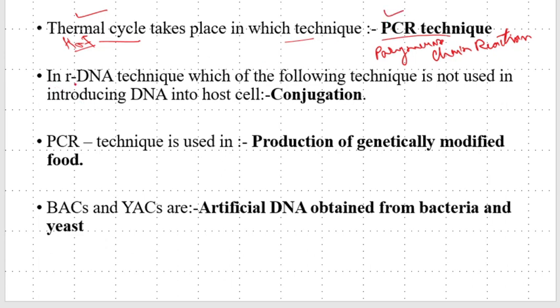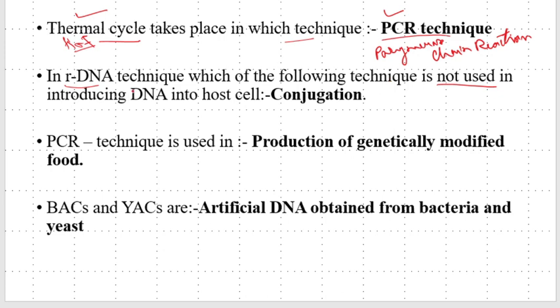Now here in rDNA technology, r means recombinant DNA technology, which of the following techniques is not used? Sometimes the question asks which is used, sometimes which is not used, sometimes which is the pair, sometimes which is not the pair.